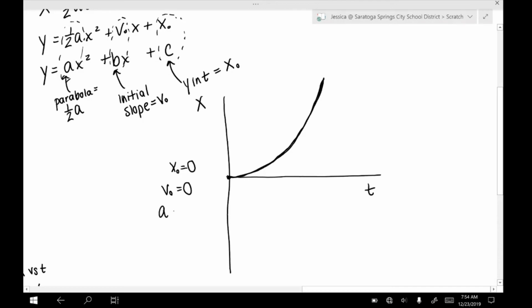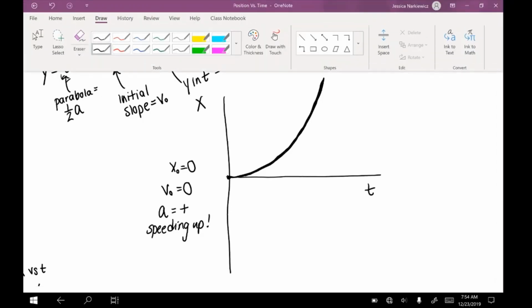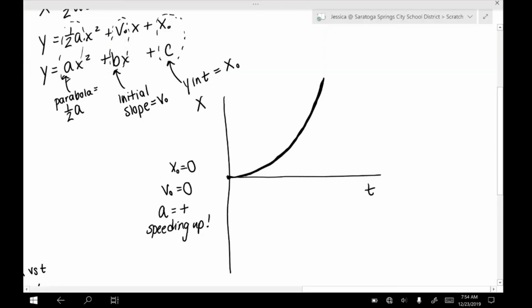That means our acceleration is positive. So think smiley face, positive acceleration. And in this graph, the slopes are getting steeper and steeper, so we are speeding up.